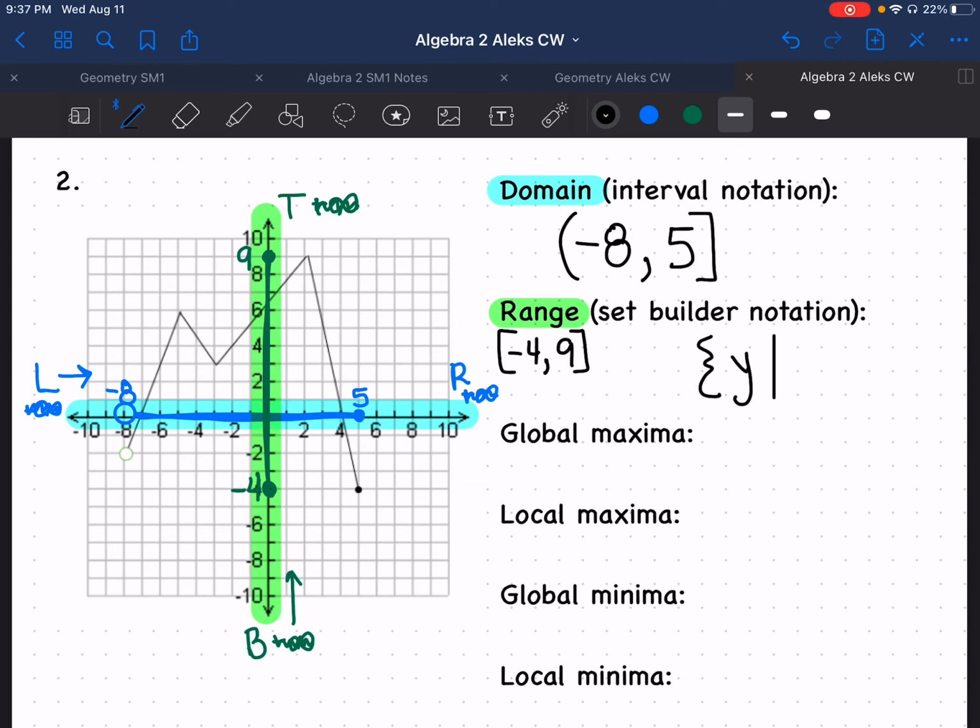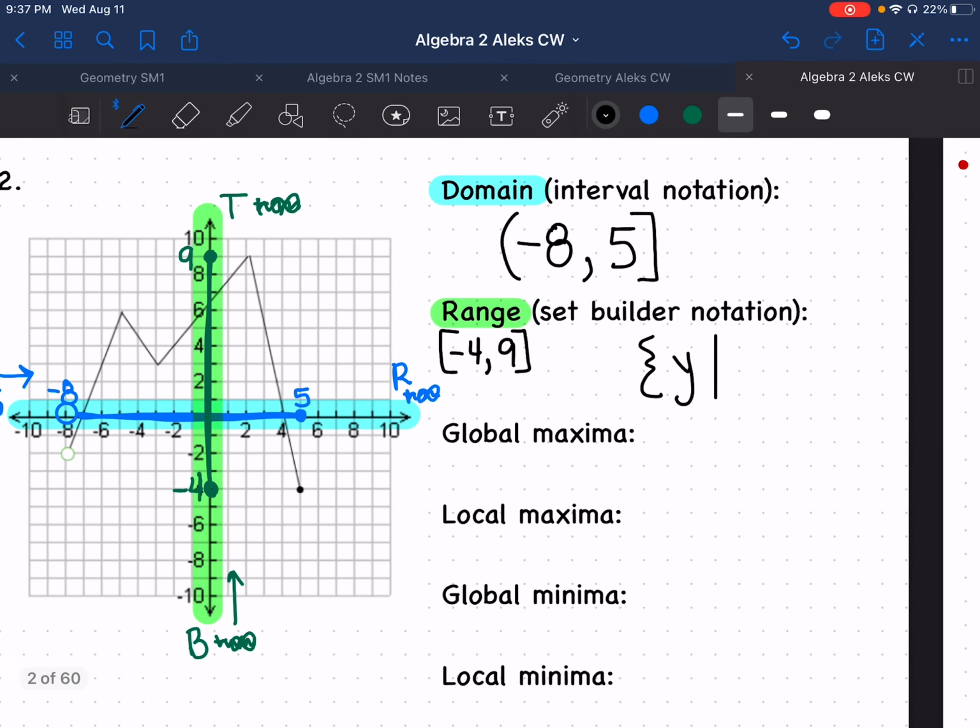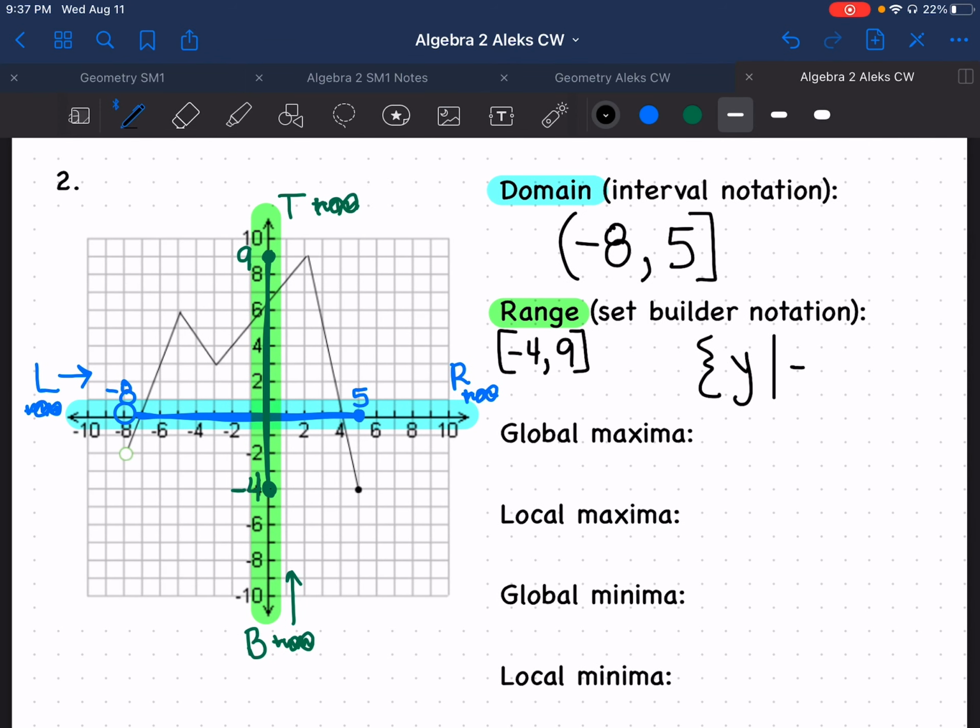Just like I said with the last one, when you have two numbers, -4 and +9, you are going to make a compound inequality. Okay, there's your spacing for your compound inequality. The first number, leave a space, y, leave a space, the last number.